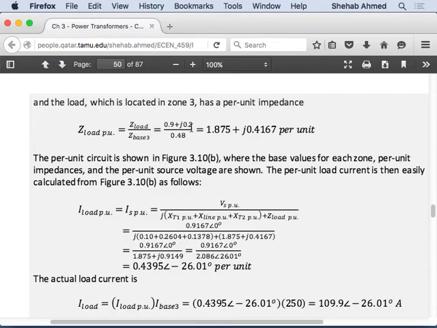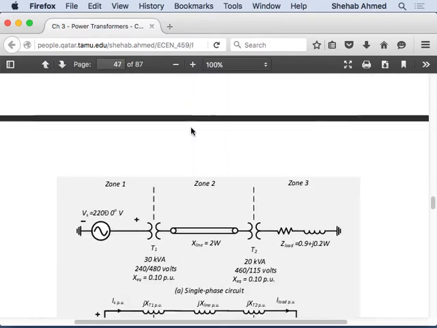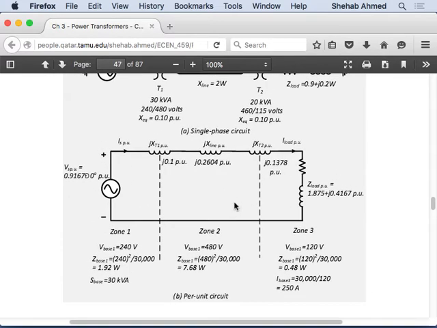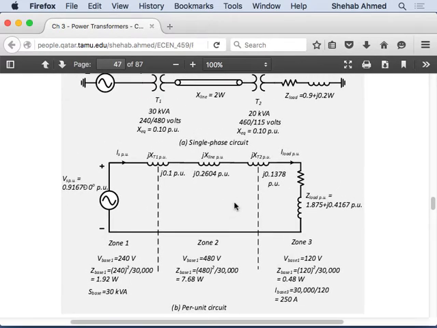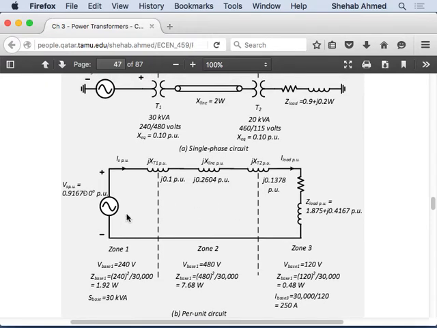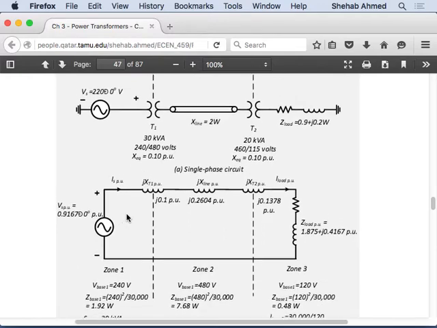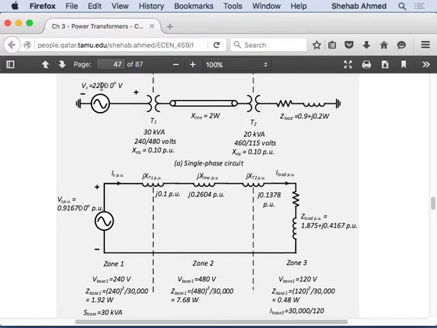After this, what have you done? Now I've built my circuit. Can you solve this circuit or not? This is something you can solve. Are you given the voltage value? Yeah, you're given the value of voltage, 220 volts, angle 0. So in per unit, what is the value of the voltage of the generator?